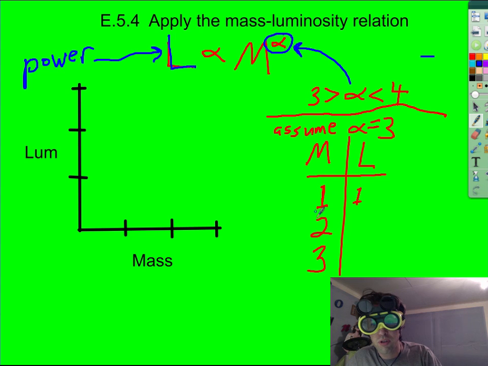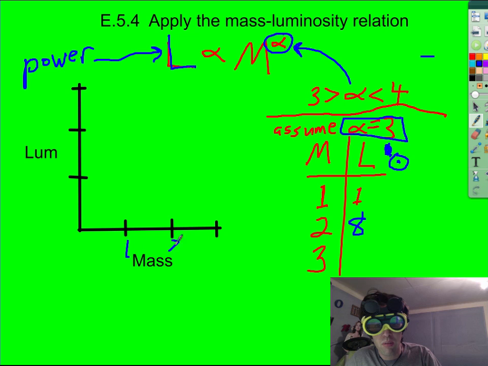Now we can just put some numbers in here. If we assume that these are solar masses, mass of the sun, it would have a luminosity of 1 solar luminosity, I guess you could call it. If we had 2, and let's assume that this alpha was 3, 2 to the 3rd power would be 8.